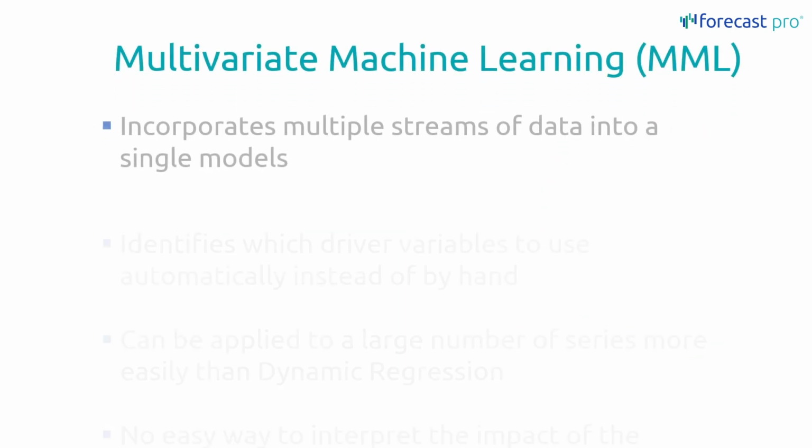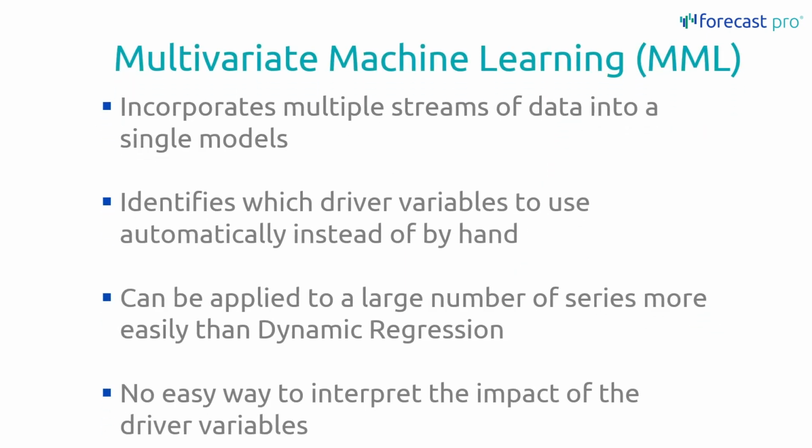Now, how is this different from our other multivariate model, which is a multivariate machine learning model, or an MML model? Just like with regression, you can incorporate multiple streams of data into a single model. So we're going to have all of these different drivers that will be added to the multivariate machine learning model.